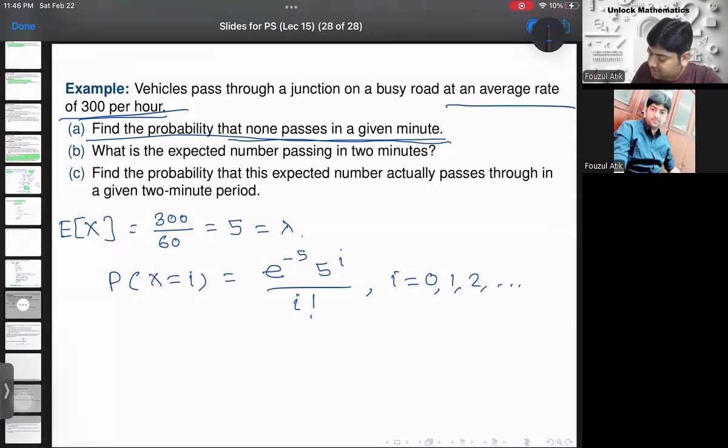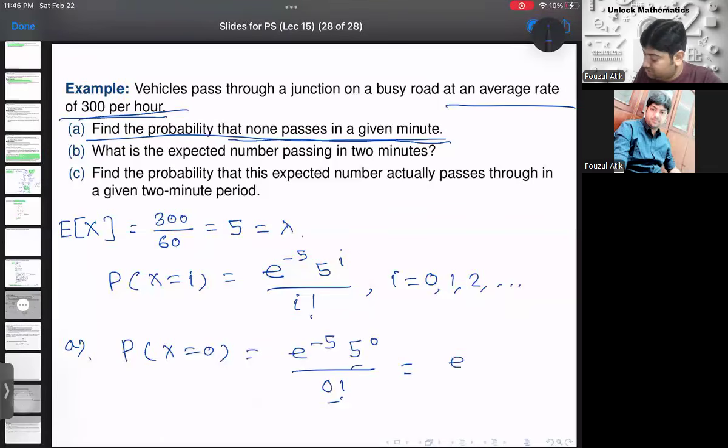Now the first question says find the probability that none passes in a given minute. That means the probability of X equal to 0. That is e to the power minus 5 into 5 to the power 0 divided by 0 factorial. Both of them will give you 1. It is e to the power minus 5. So the first problem is done.